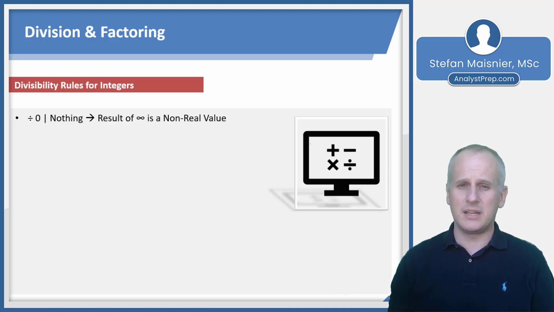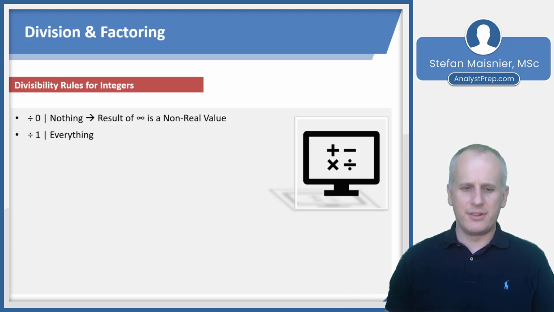As we discussed in our number properties lesson, infinity is not tested on this exam because all of the values on the executive assessment are considered real for the purposes of the arithmetic. But everything is divisible by 1 because anything divided by 1 is just itself. We've talked about that too.